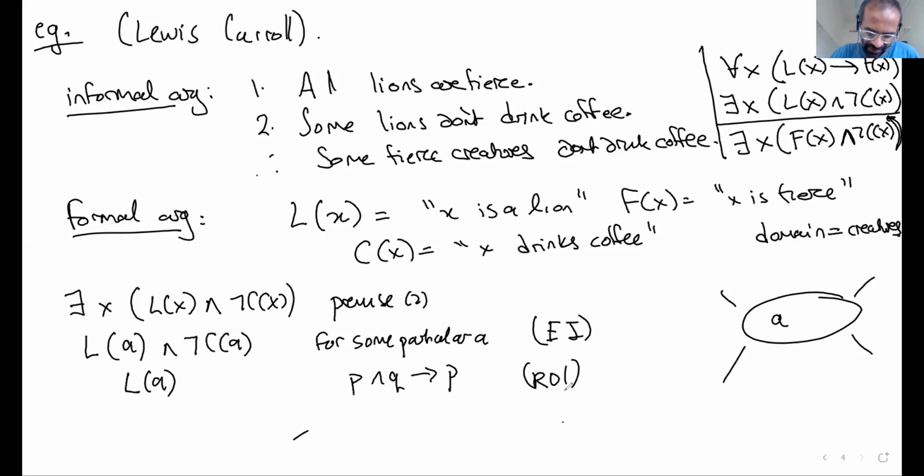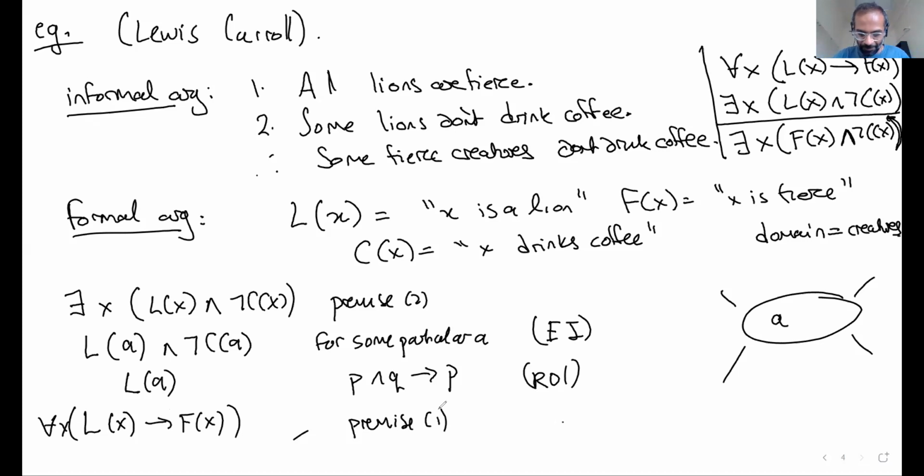Okay. But now I have another premise that all lions are fierce, right? So I have that for all X, L of X implies F of X. This is premise number 1. This is saying something about all creatures.